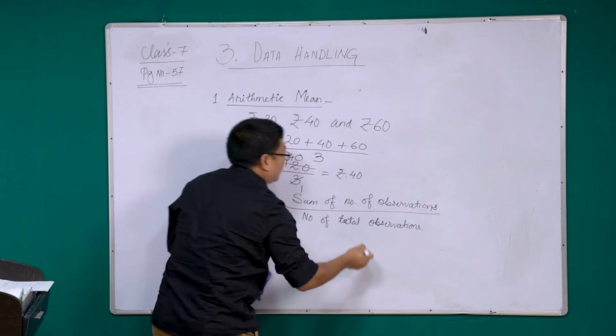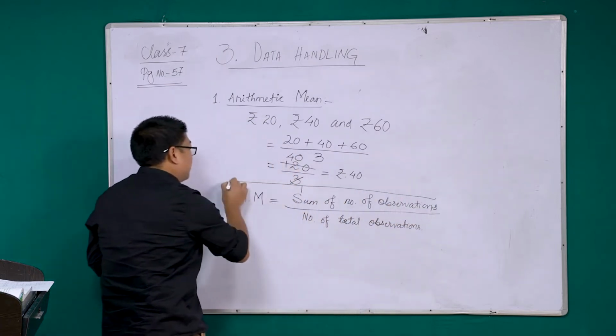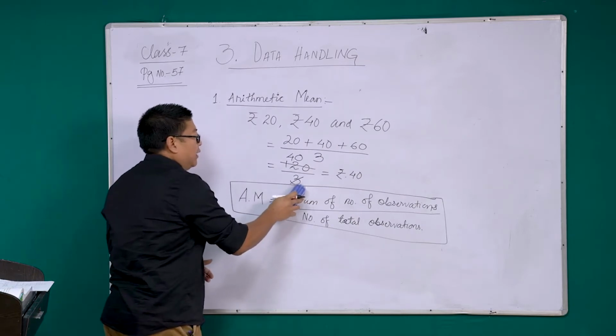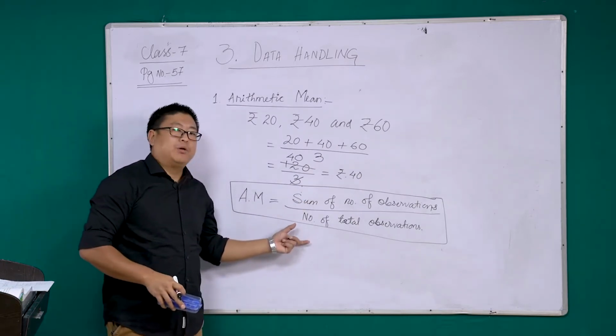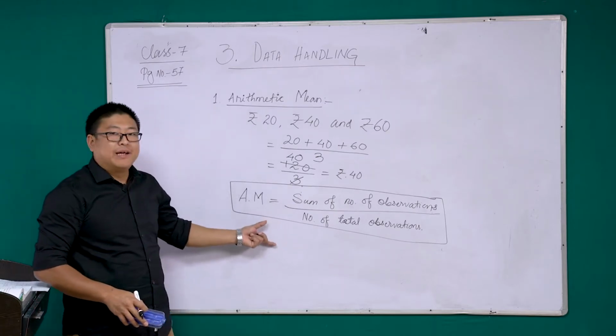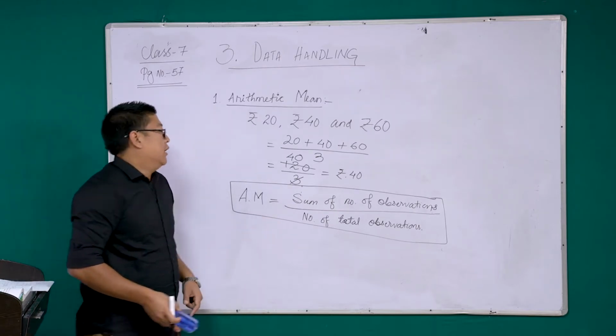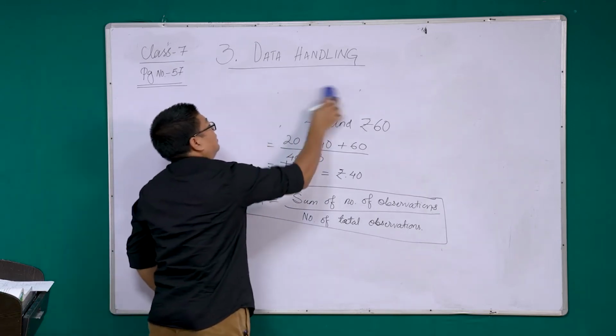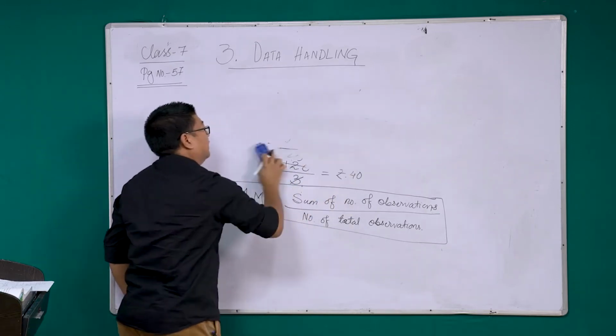So this is the formula that we will be using for arithmetic mean. Please make sure that you memorize and understand this formula. We will be using it in the future exercises. So with this, we will move on to the next topic.